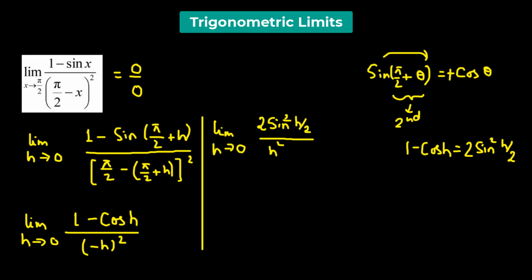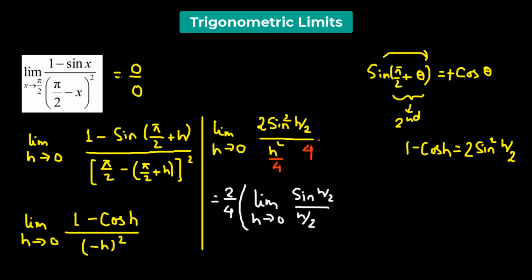What we're going to do is divide the denominator, h squared, by 4, and multiply by 4. So we have 2 over 4 times limit h tending to 0, sine(h/2) divided by (h/2), and this is repeating twice, so we have the whole squared.